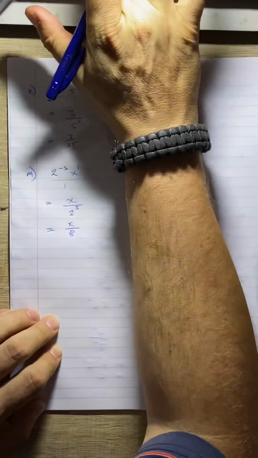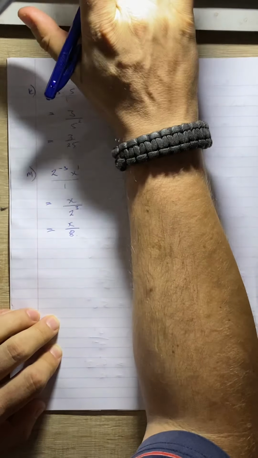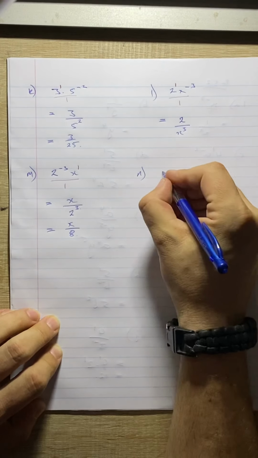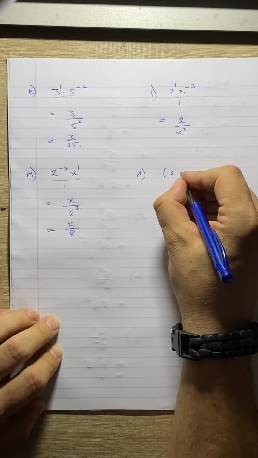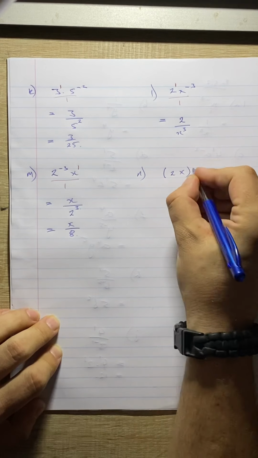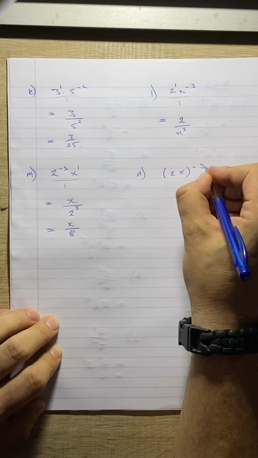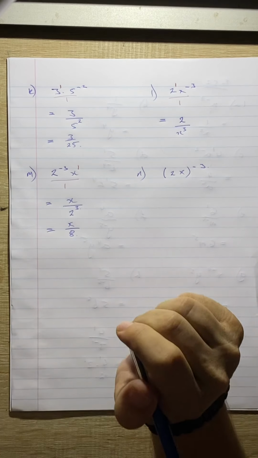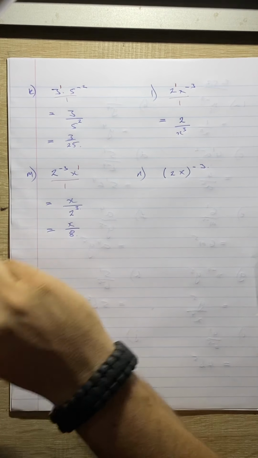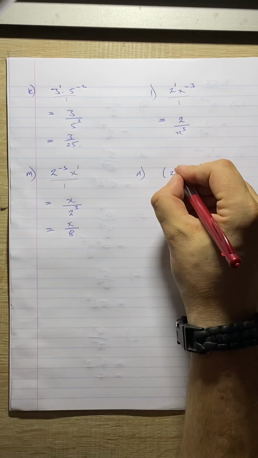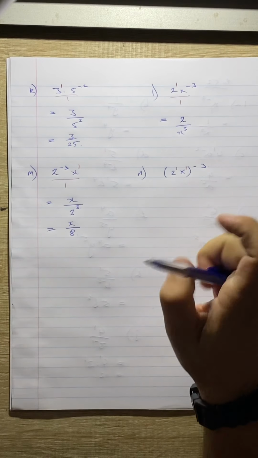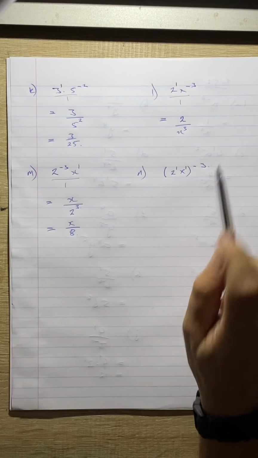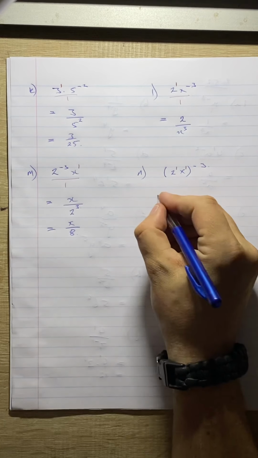Question N. So we've got 2x to the power of minus 3. All right, so grade 9. Remember that this has an invisible 1 there, an invisible 1. Now, remember, if you have something to the power of something raised to another power, you multiply the exponent.